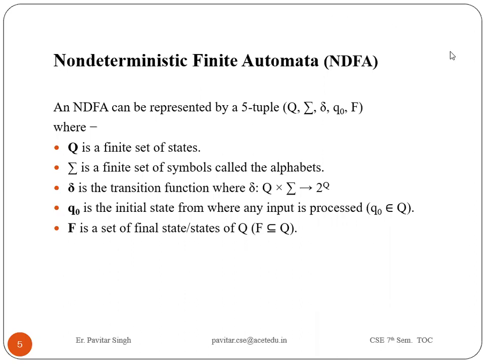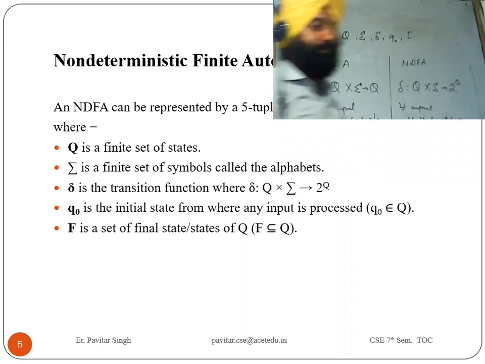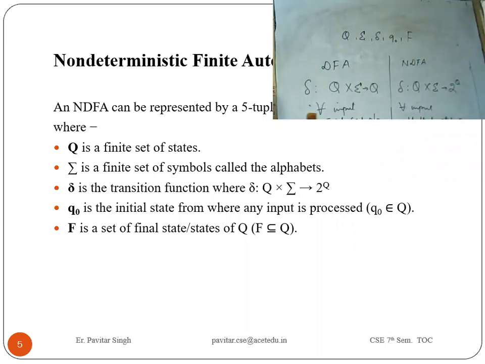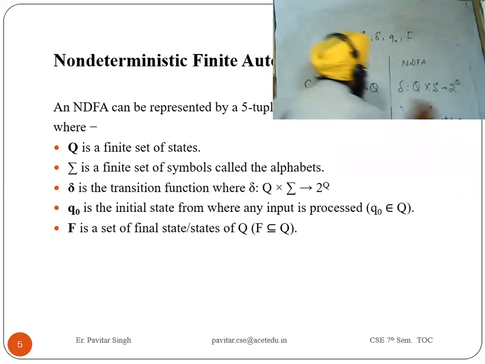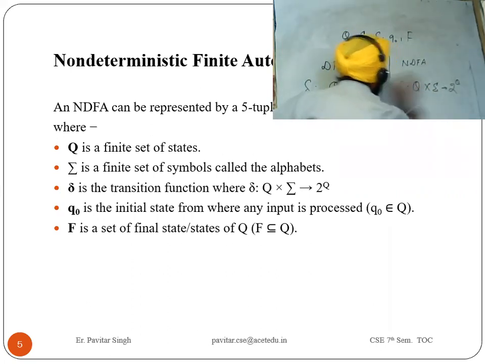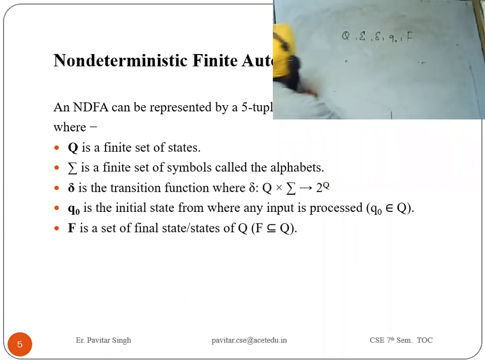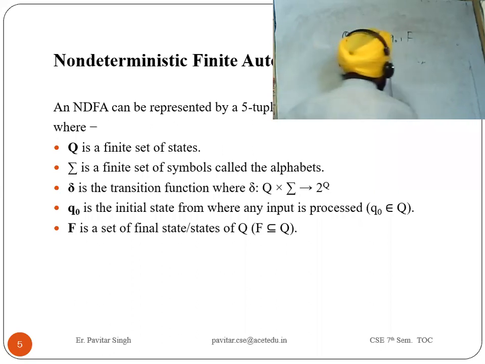In case of NDFA, for this we have single input, single output. But for this you have single input, multiple state output, right? So let me show you this with the help of a diagram.